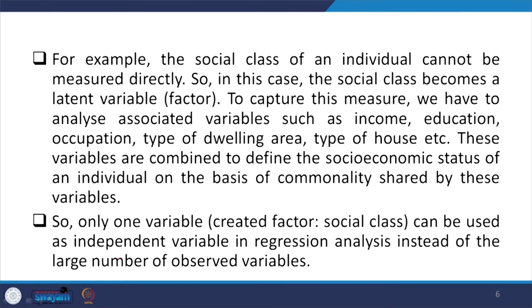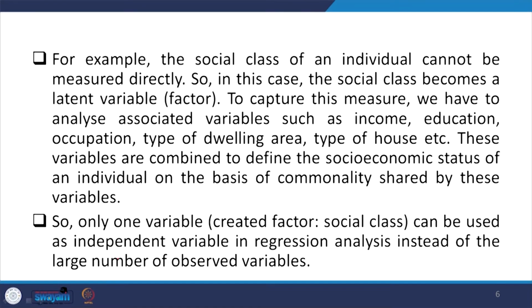Okay. So, class refers to status here. That may be proxied by income, maybe education, occupation, but jointly proxied, not individually. Okay. Income, education, occupation, then type of dwelling, locality, housing type also. If you combine all those dimensions together, that may explain the social status of a particular person.